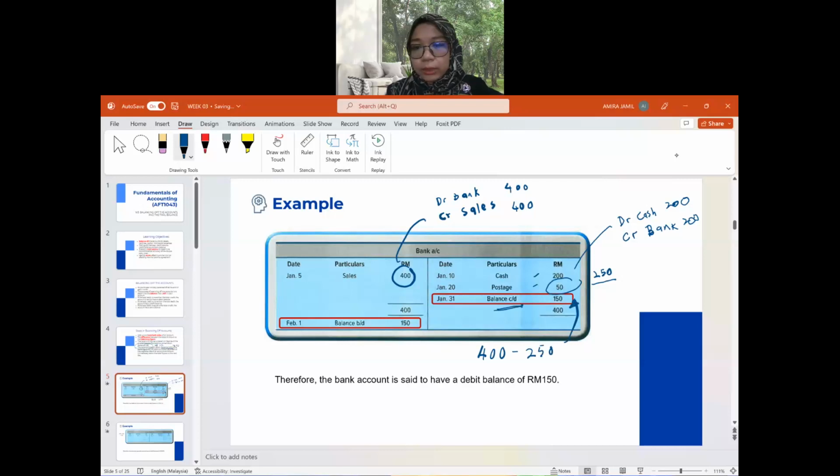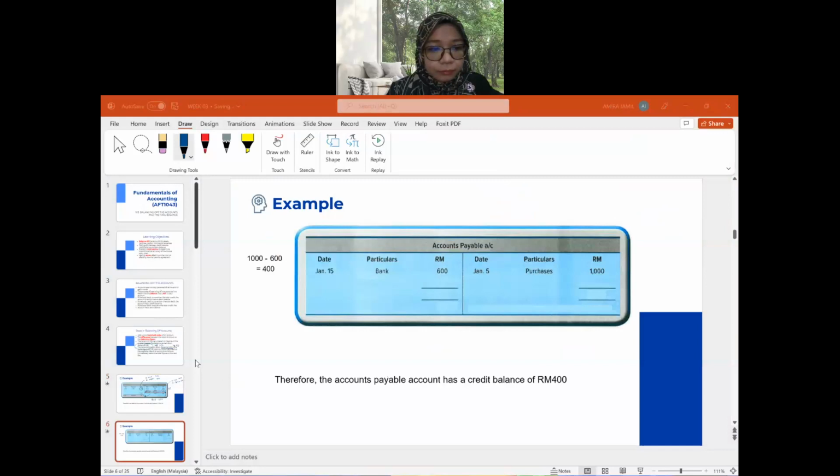Noted, the balance CD will be at the end of the month, and then we transfer it to balance BD for the following month.